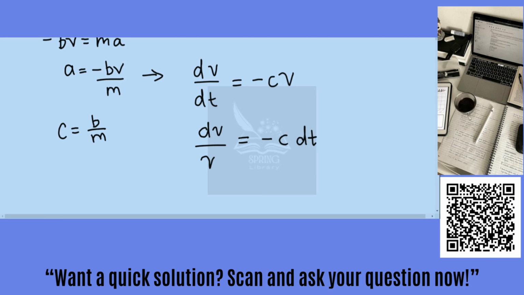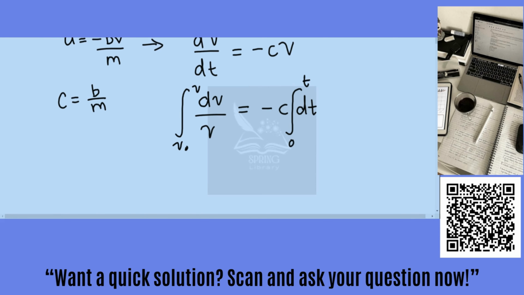And then we want to integrate this formula to get an expression for V in terms of time. So we're going to integrate from the initial state to some other final state. So in this case, we will integrate from 0 to some time t, and we're going to use v0 as our initial velocity.